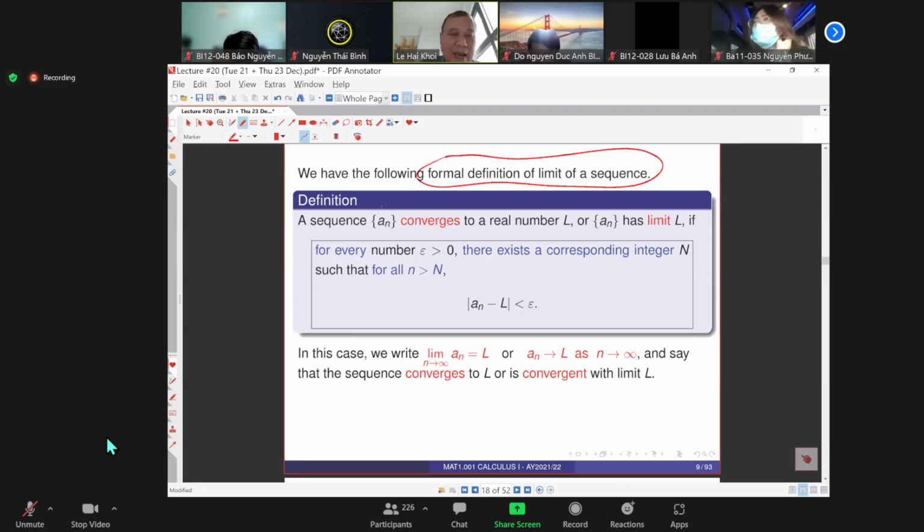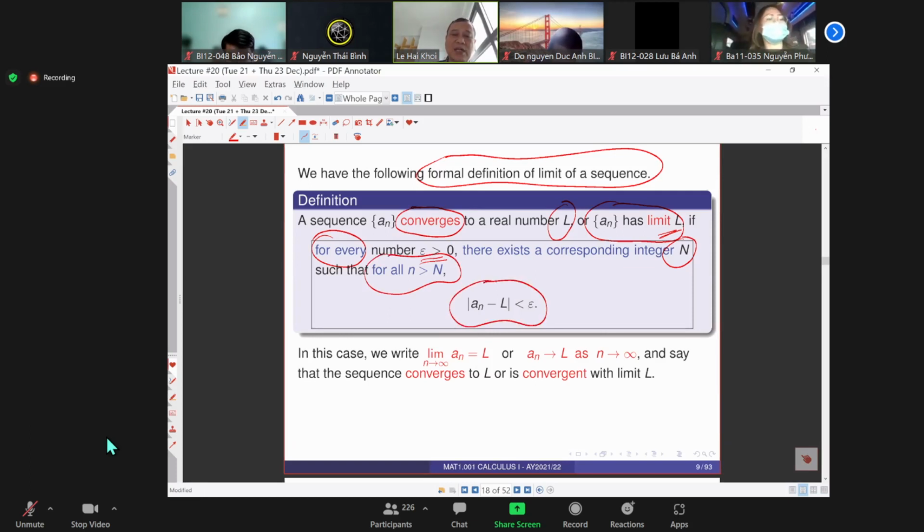A sequence an is said to converge to a real number L, hoặc là chúng ta có thể nói an has a limit L, if for every number epsilon there exists number big N depending on epsilon such that for all n bigger than big N, modulus of an minus L less than epsilon.